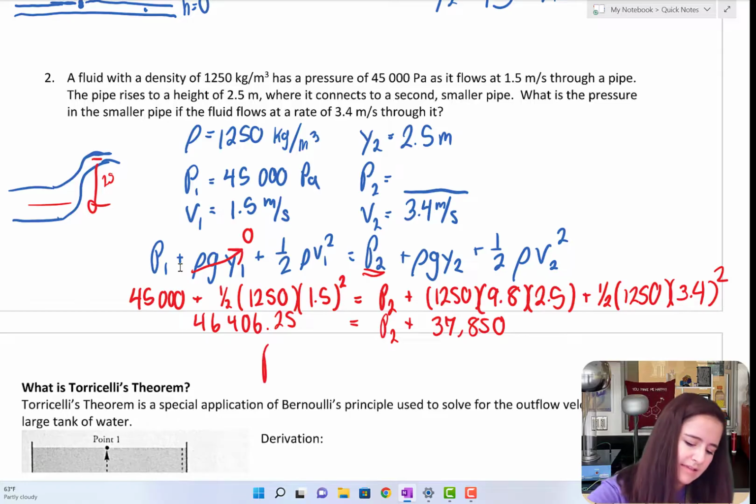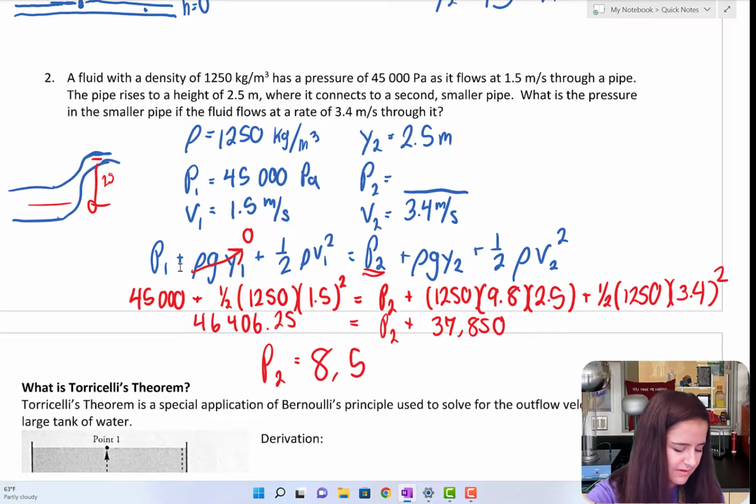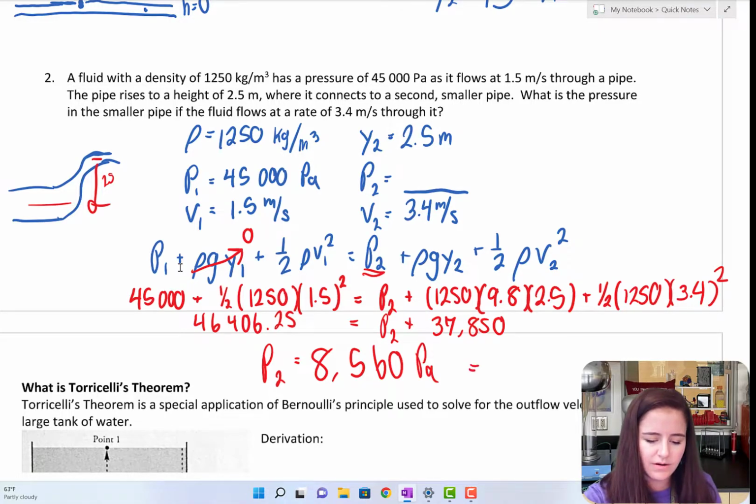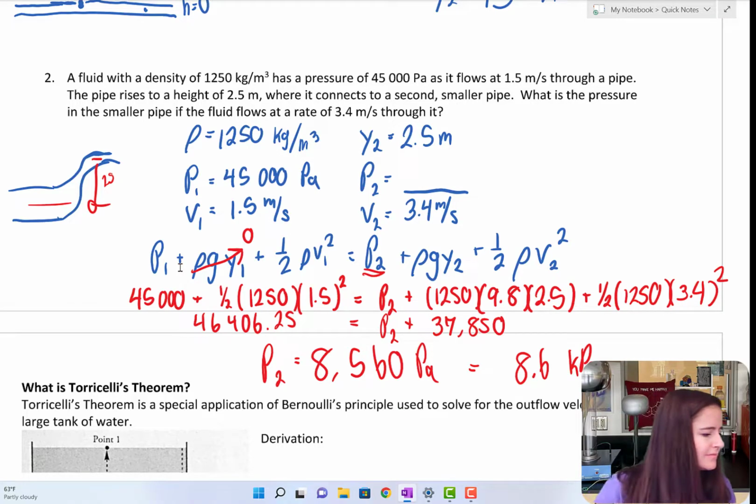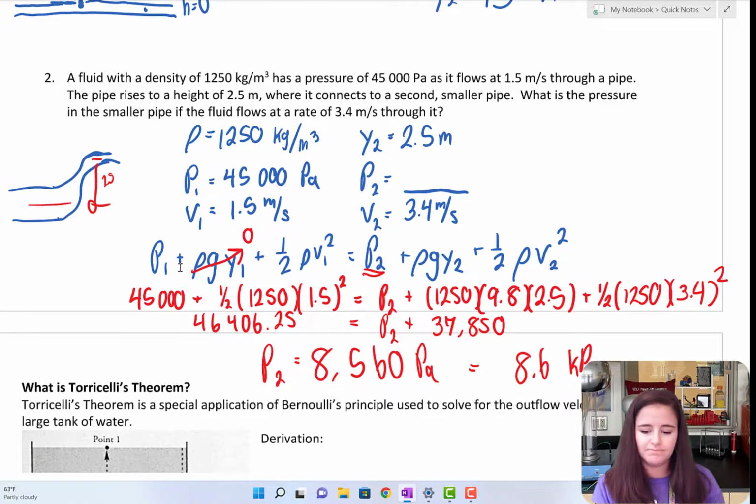So we get a P2 of 8,556. I'm going to round it and just say 8,560 pascals. Or you could say 8.6 kilopascals. Okay, cool.